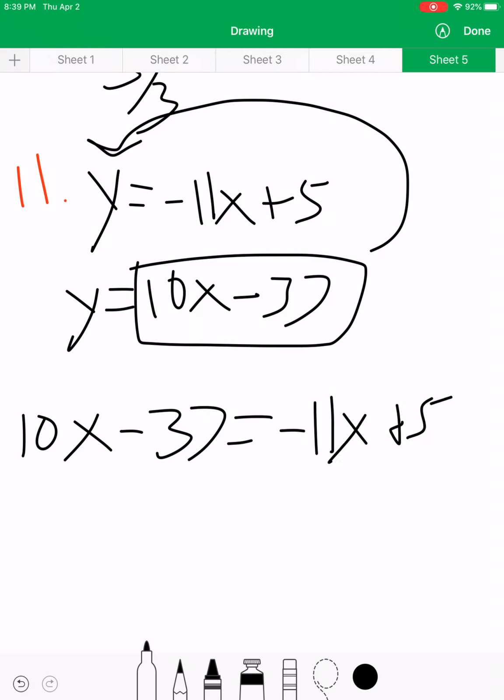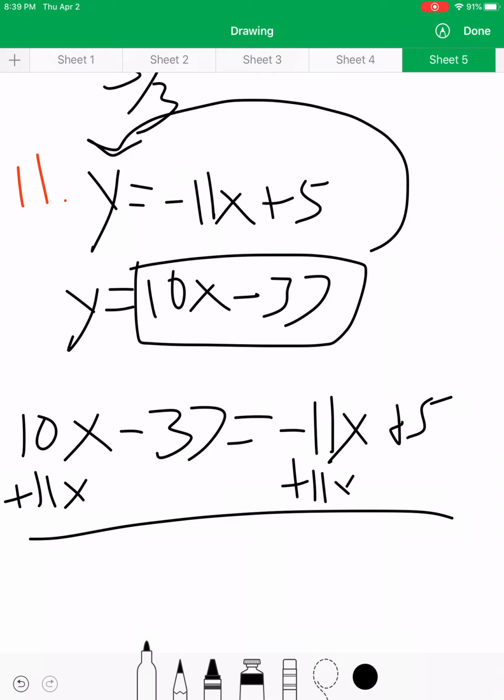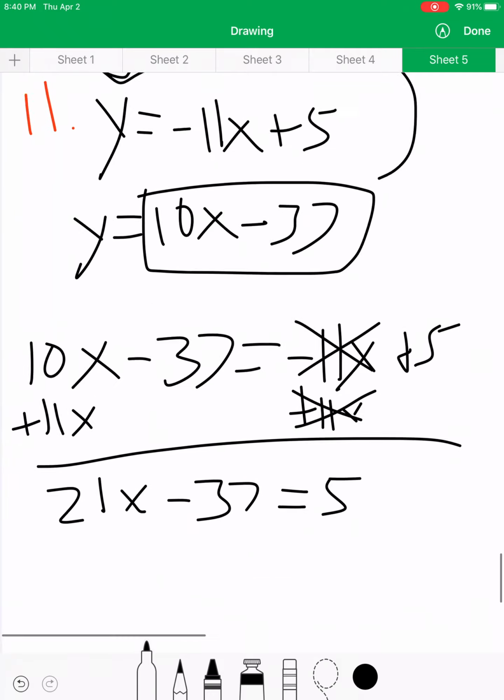Then all you do, combine like terms and solve. So I would move the negative 11x first, because I can move it by adding, and therefore the variable stays positive. All right, 10x plus 11x, 21x minus 37 equals 5.